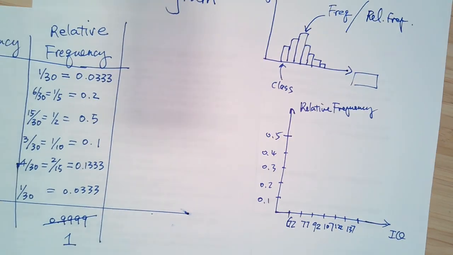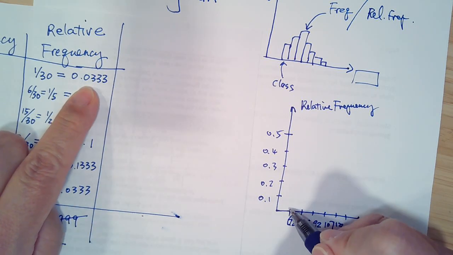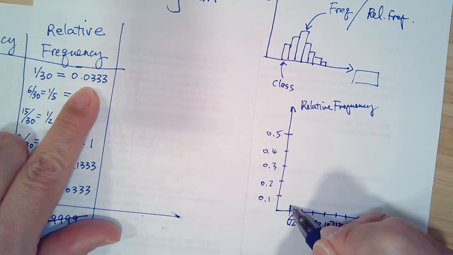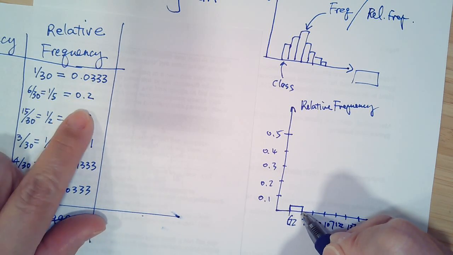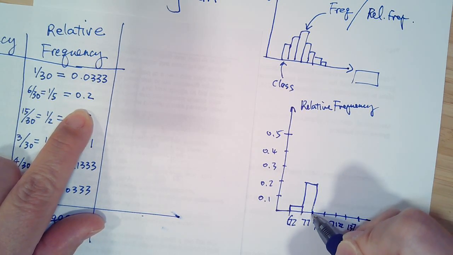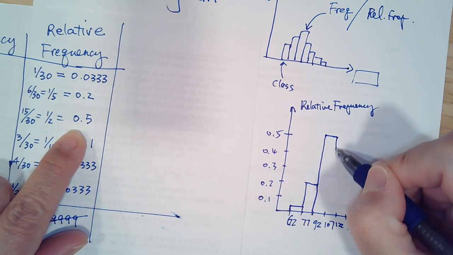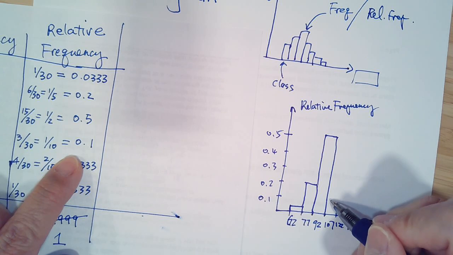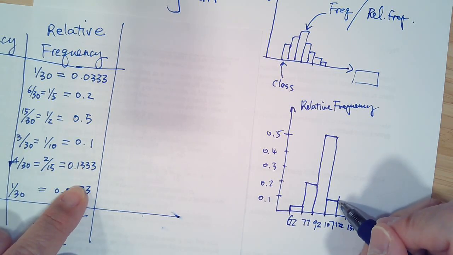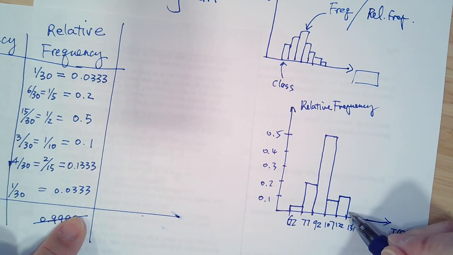And then the first one is 0.033, so it's going to be about 1/3 of that. And the second one is 0.2. Okay. The next one is 0.5. And the next one is 0.1. And then 0.1333. And the last one is 0.0333.